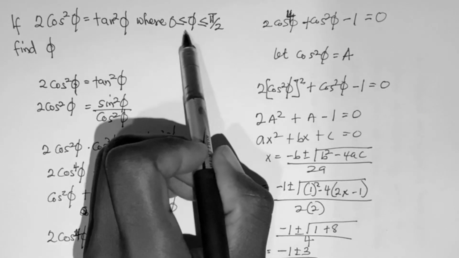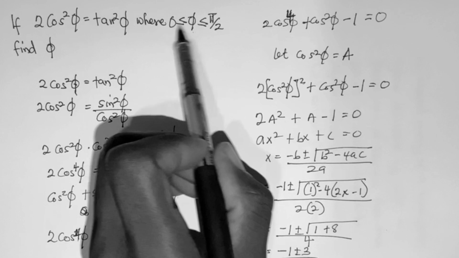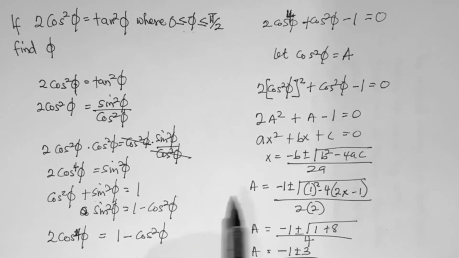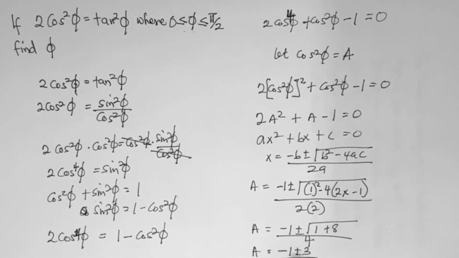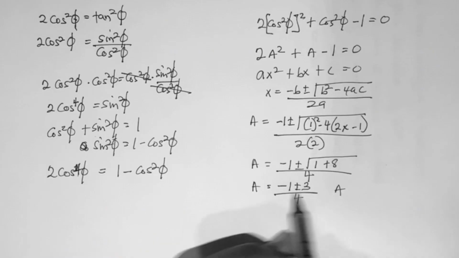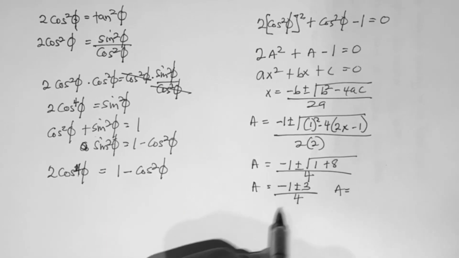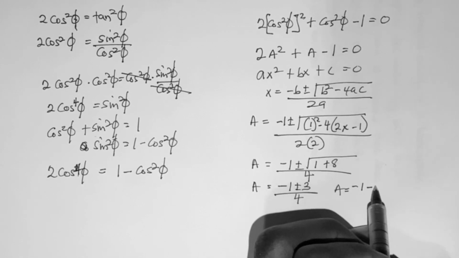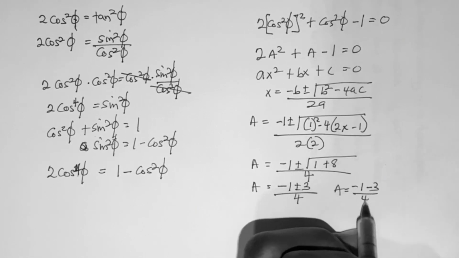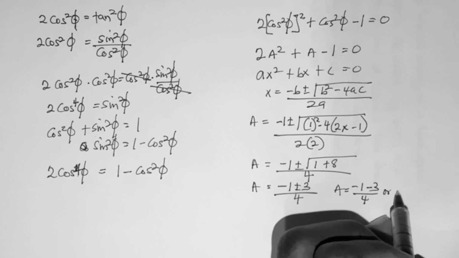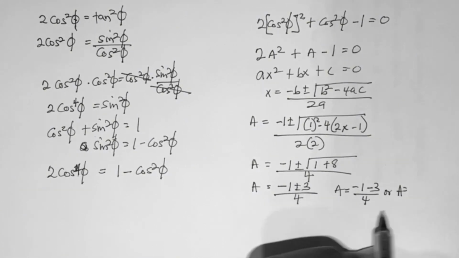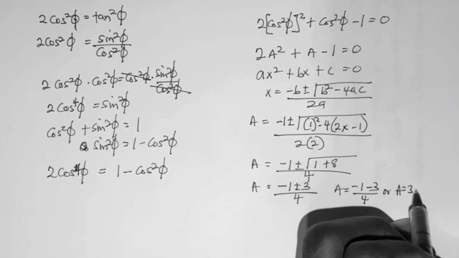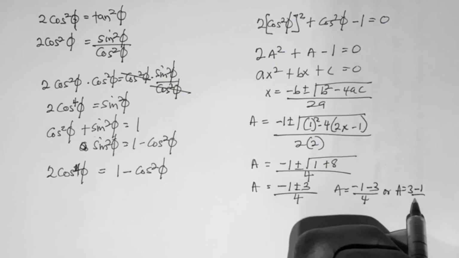But remember that phi is between 0 and pi over 2. So let's write the possible values of a. The possible values of a are minus 1 minus 3 divided by 4, or a is equal to 3 minus 1 divided by 4.